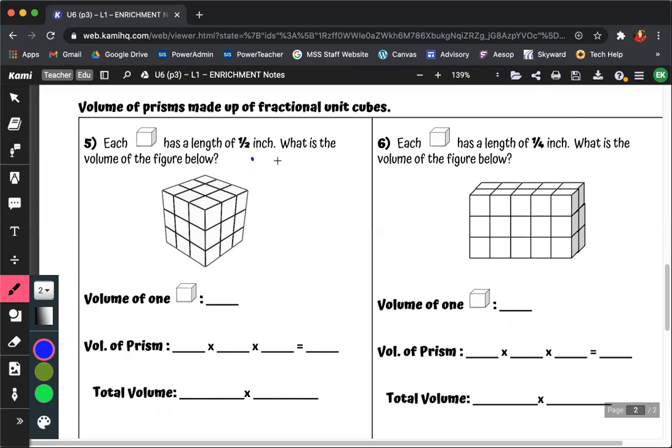So we're doing the volume of a cube. Actually, I'll write it here. Equals 1/2 times 1/2 times 1/2, which equals 1/8 for the volume of that individual cube.